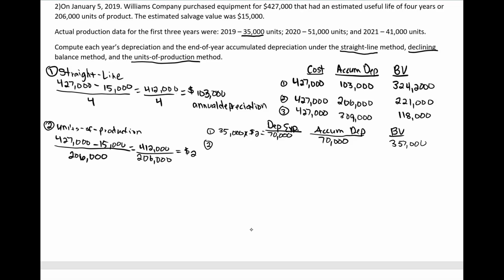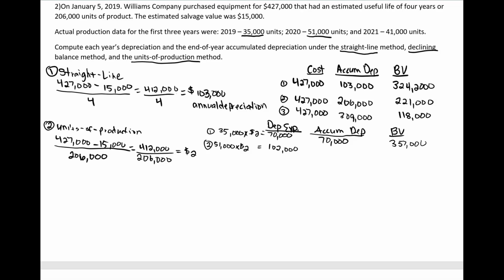Okay, year 2 is 51,000 units they produced. So take the 51,000 times the $2, and the second year we're going to depreciate it, 102,000.